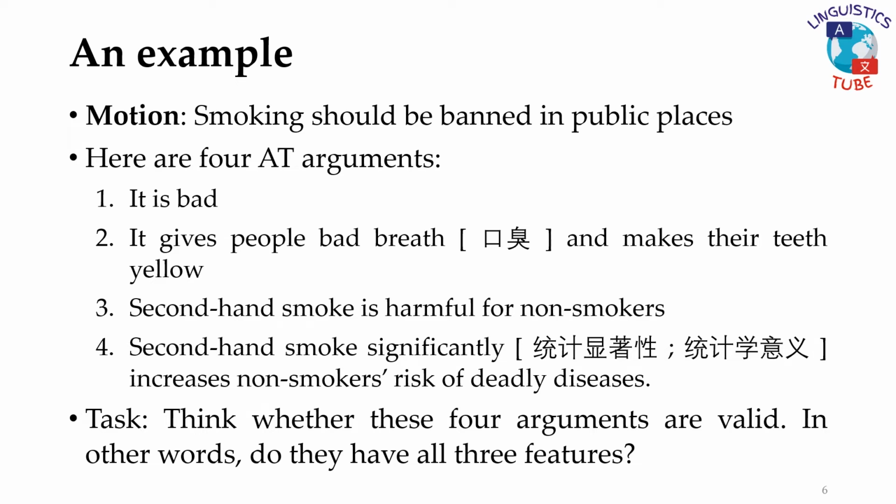Secondly, smoking should be banned in public places because it gives people bad breath and makes their teeth yellow. Thirdly, smoking should be banned in public places because second-hand smoke is harmful for non-smokers. And finally, smoking should be banned in public places because second-hand smoke significantly increases non-smokers' risk of deadly diseases.